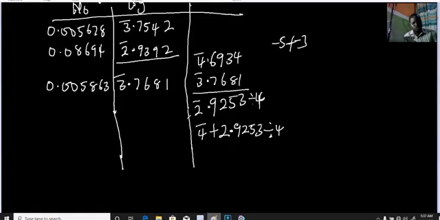Just say you ignore the negative, you take the absolute value. So it's going to be 4 plus 2, that's 6.9253. Then you will now see divided by 4. Divided by 4. So your answer now is what you are going to write.